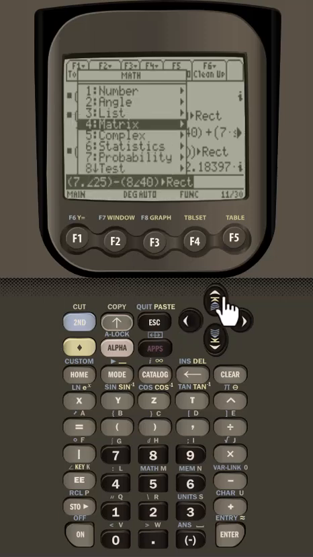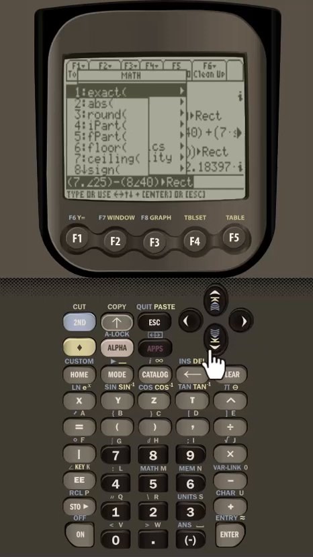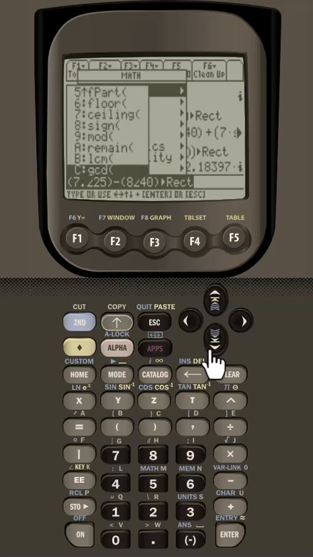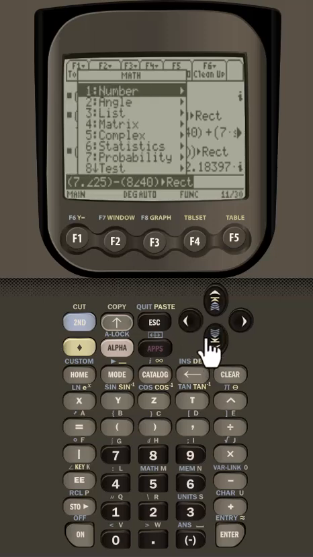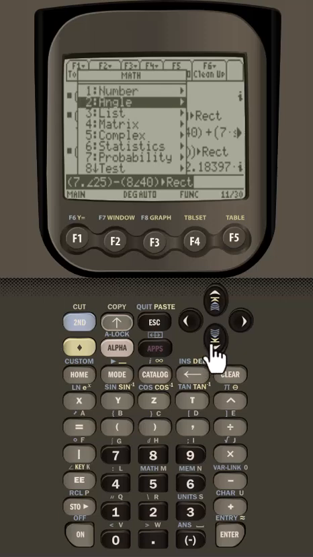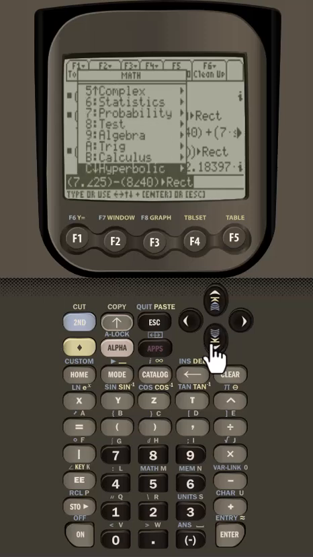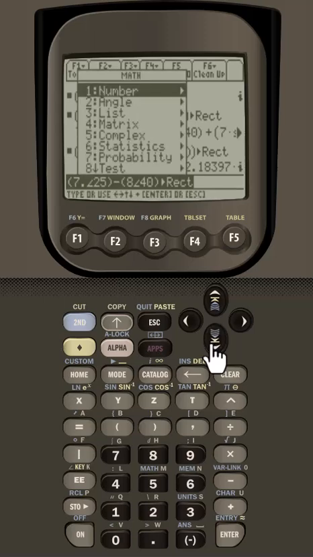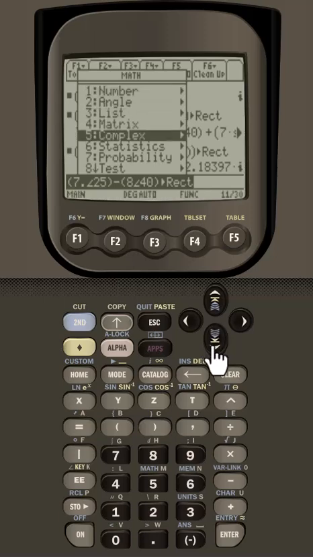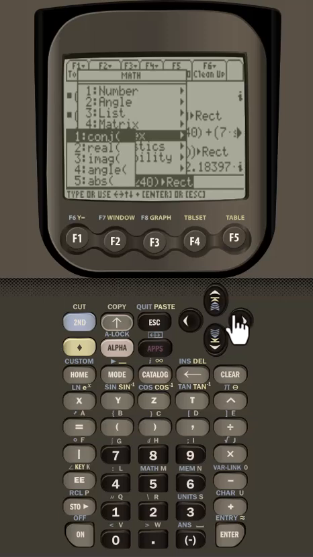You also have, in the number menu, you have, it's not in the number menu. Where is it? It's in the complex menu. So if you go to the complex menu, now remember that convert to polar was in the matrix menu, not in the complex menu. Weird, sorry, that's where it is.